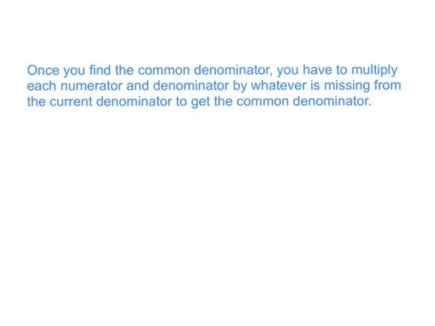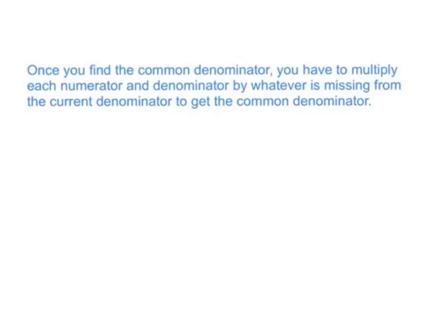Okay, once you find the common denominator, you have to multiply each numerator and denominator by whatever is missing from that current denominator to get the common denominator. Now that seems like a bunch of word vomit. And once we start working on problems, it'll make more sense.